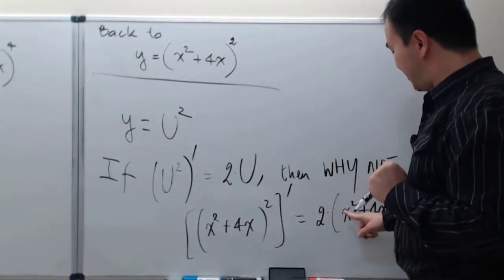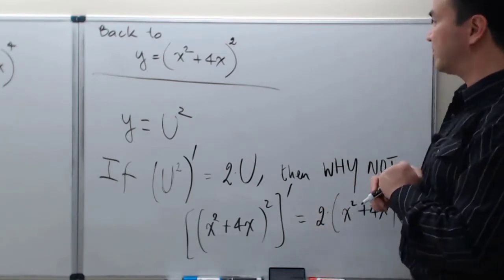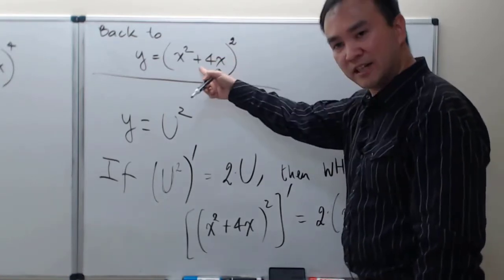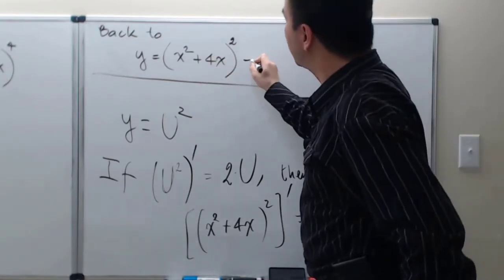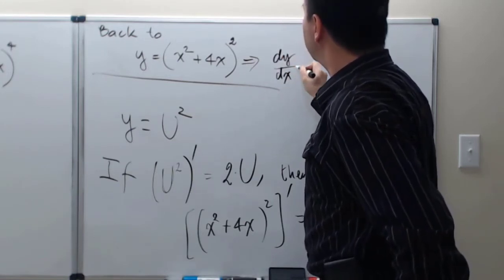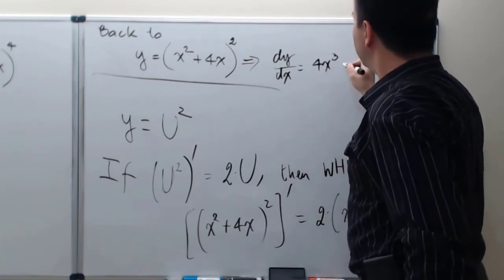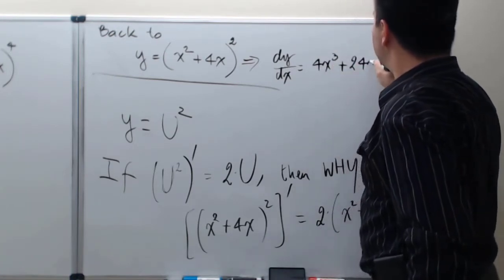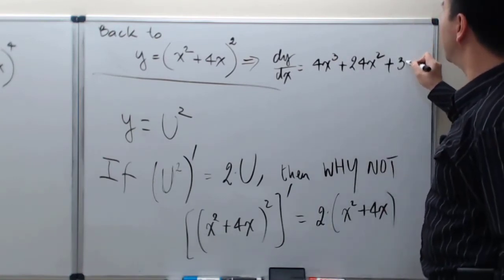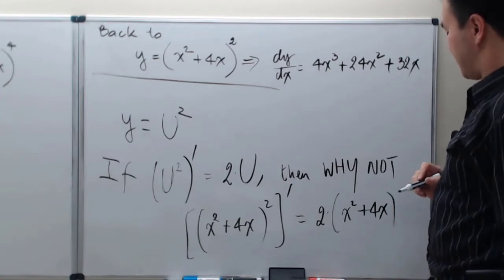The reason this is not quite our actual derivative yet is that, recall, I actually worked out this actual derivative. Its derivative, dy/dx, was 4x cubed plus 24x squared plus 32x.